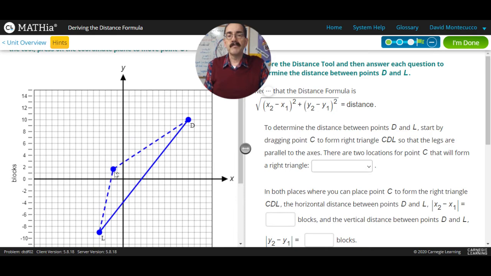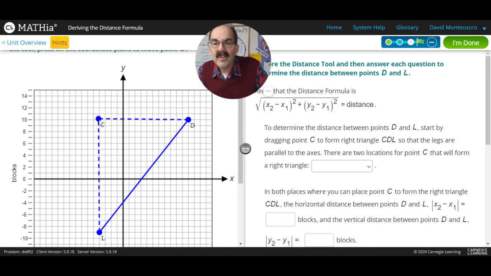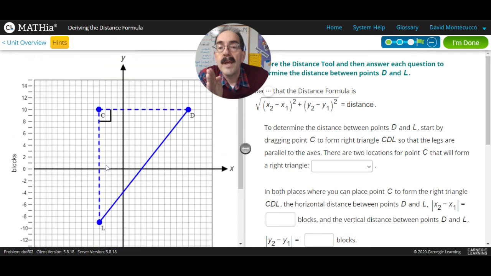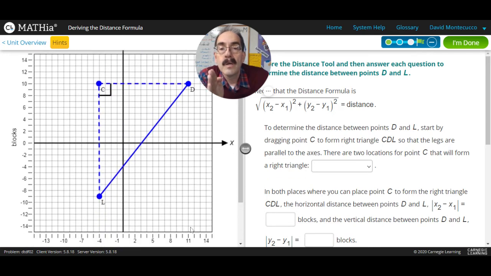The first thing we want to do is make a right triangle. So we drag, drag, drag until we get our little 90-degree symbol there. Perfect. Now let's find the distance from -9 to 10. 10 and 9, that's 19 units on the rise. And then from -4 to 11, that's 11 and 4, which is 15.